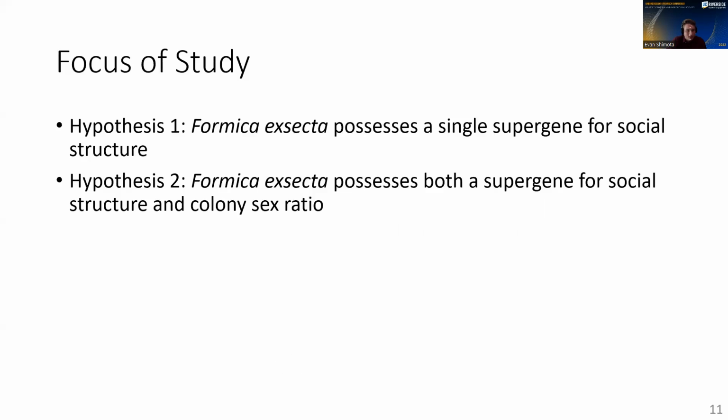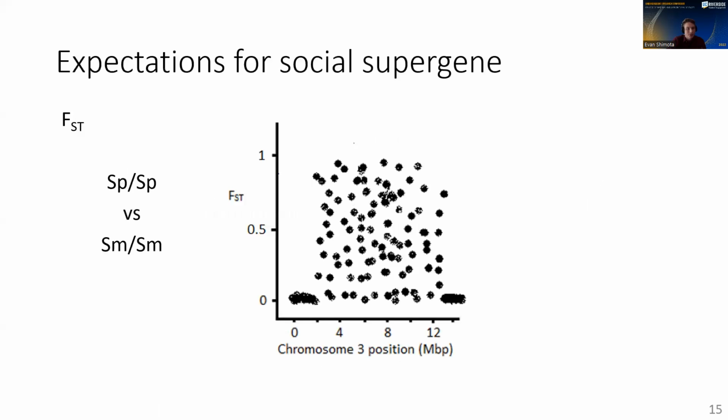So in our FST plots, we're comparing, in this example, female bias colonies to male bias colonies. So I think it would definitely influence our FST values, because it would help show us where regions of high genetic differentiation between the two populations are.